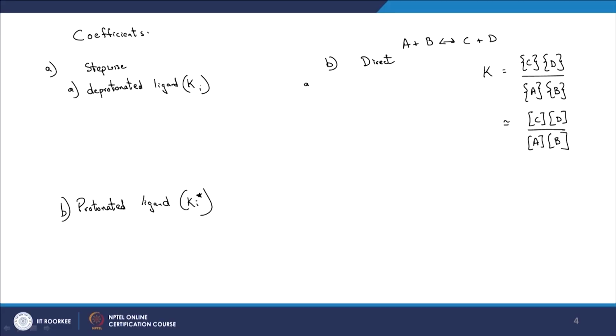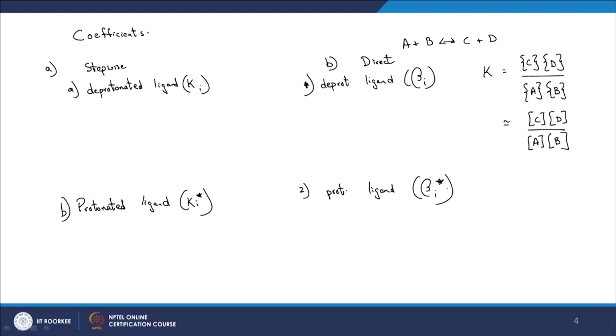Anyway, stepwise, again here we have, let us say, deprotonated ligand, and that is going to be beta i here, and if it is a protonated ligand it is going to be beta i star.